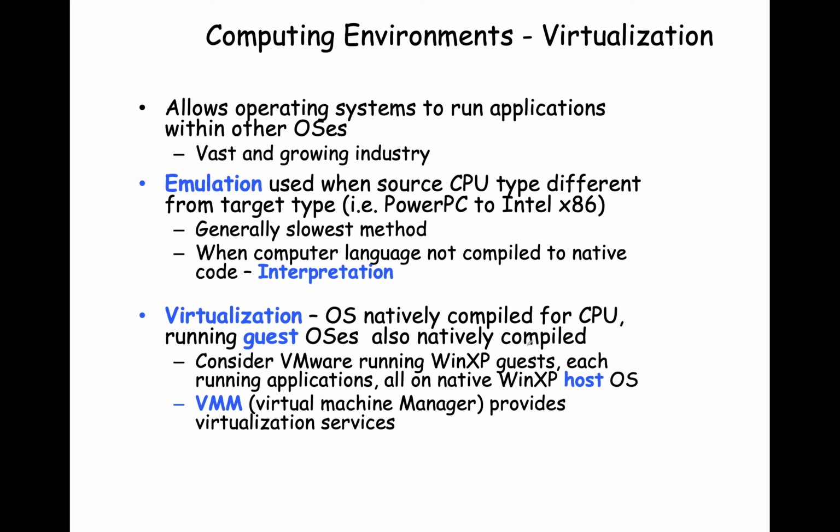So you have some software, just a program, that simulates the ARM architecture, and it allows you to run applications written for another computer chip on a different one. And so this is very slow, and it's often used when you want to test things, or maybe you want to support some legacy application.